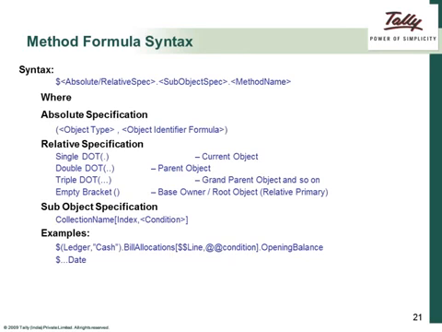When I talk about an absolute path, it means you are trying to refer to a different object. So if my current entire report is in an object context of stock item, and you want to fetch a value from a ledger, you can say dollar, open round bracket, object type ledger, comma, the object identifier formula.